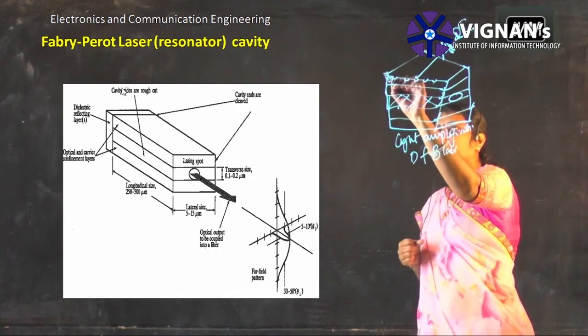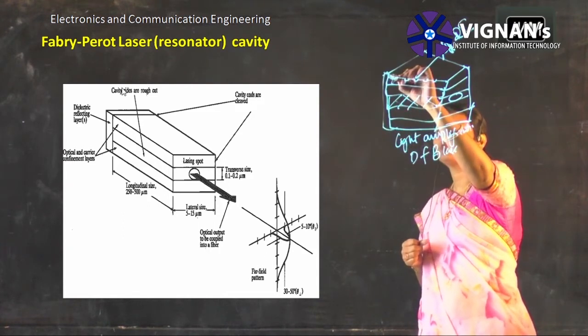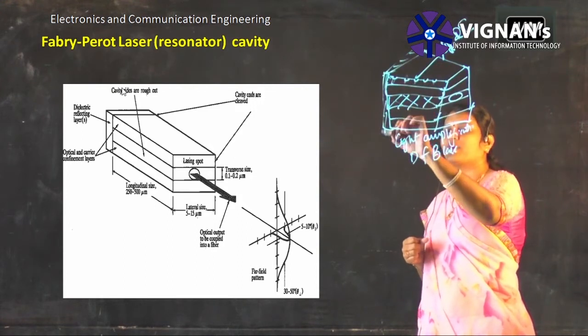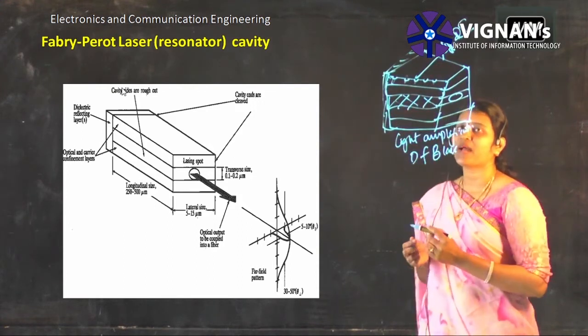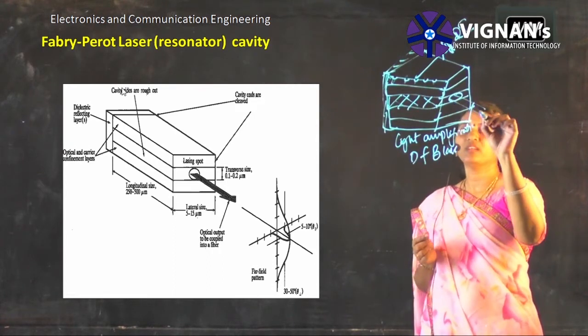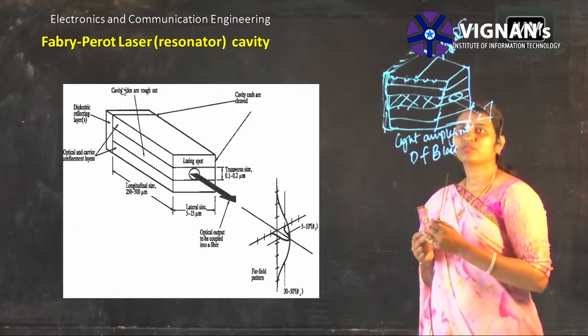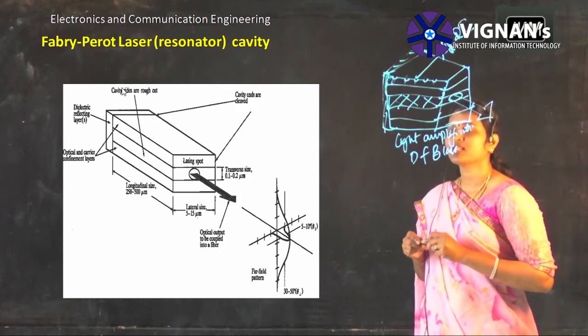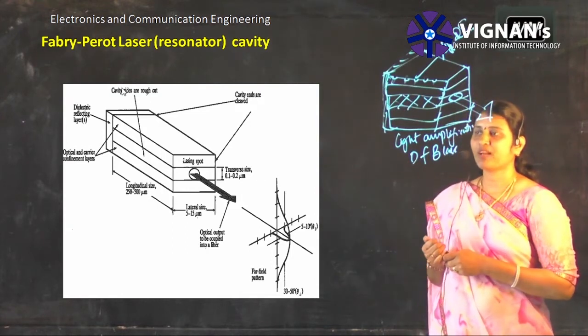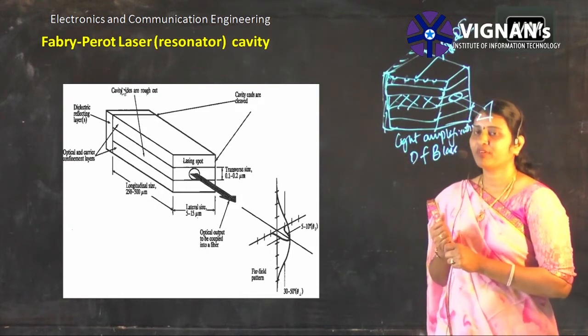In the same way as the Fabry-Perot, our output is coated with a dielectric material. Whatever light is going out at the back end of this device will be reverted back, and it will be outputted through the small slit opening. Okay, this is the construction of your normal laser, that is the Fabry-Perot cavity and the distributed feedback type.